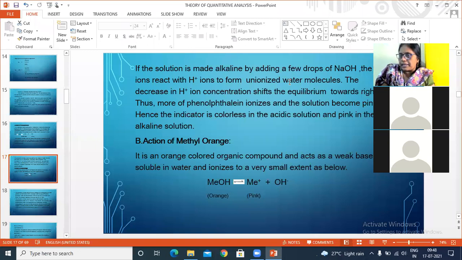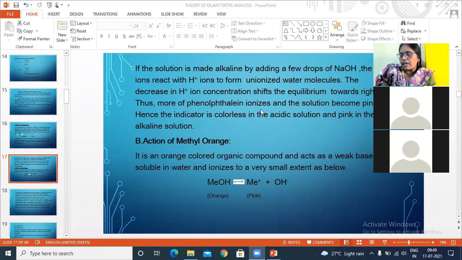So in basic medium, the phenolphthalein indicator is pink in color. The appearance of pink color is the end point in an acid base titration if we use phenolphthalein as an indicator. The decrease in H plus ion concentration shifts the equilibrium towards the right.